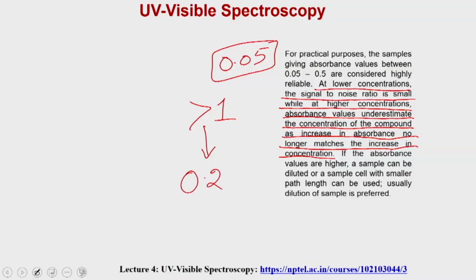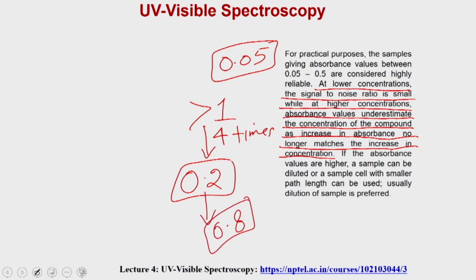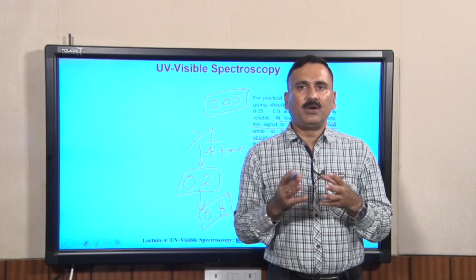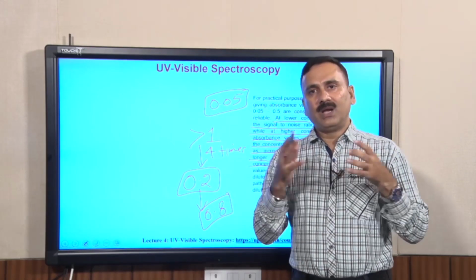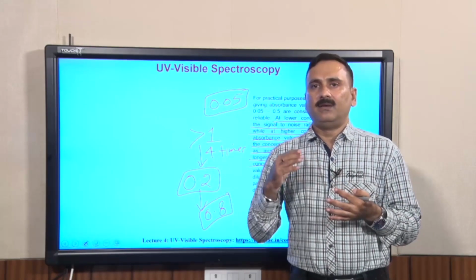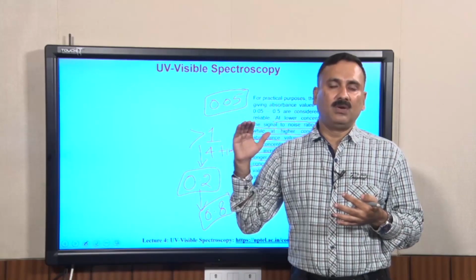If it gives you an OD of 0.2, for example, I have diluted this 4 times and I got an OD of 0.2, this means the effective original OD is 0.8, and that is how you are going to accurately measure the absorbance of that particular compound.